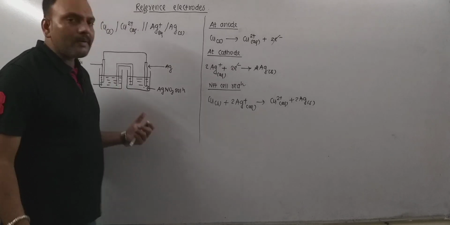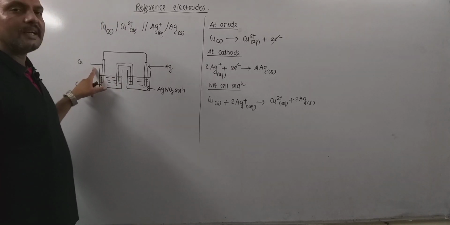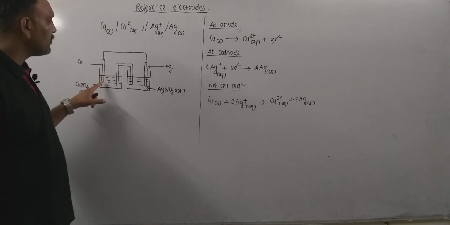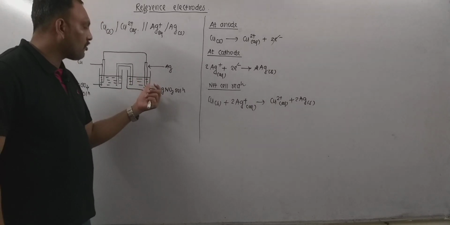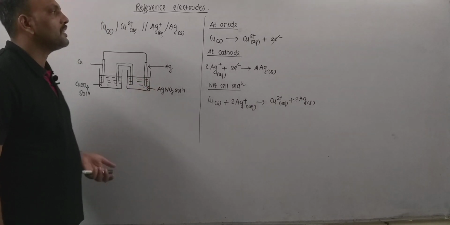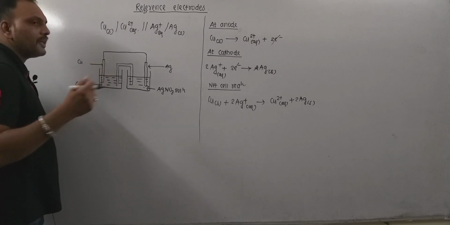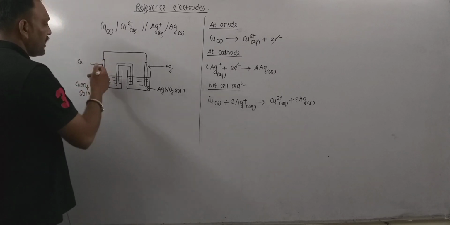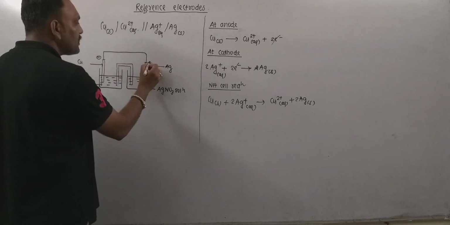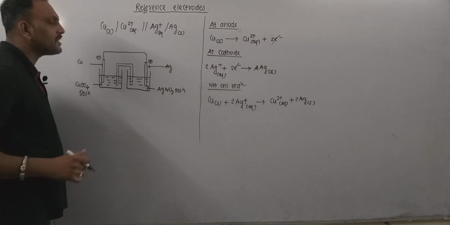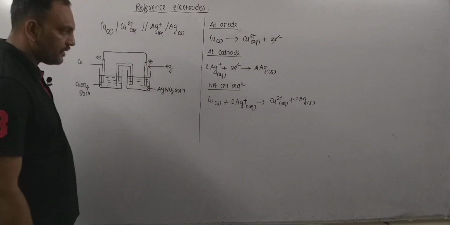Now, whatever potential develops at this electrode is just due to the oxidation reaction taking place at this site, and the potential developed at the other electrode is due to the reduction taking place. Remember, the oxidation half cell we have explained before. Right here de-electronation takes place, so this acquires a negative charge, and electronation takes place at the silver electrode, which is why this electrode acquires a positive charge.